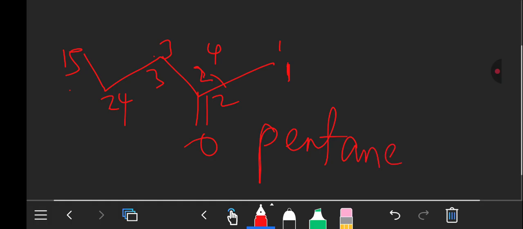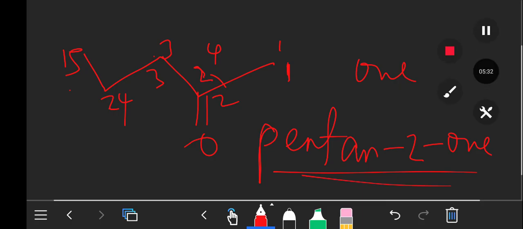But with pentane, we are going to remove the E, just like we were doing with aldehyde, and replace it with "one". The suffix is "one", as we said. But because this carbonyl is at position number 2, we need to state the position, 2, then "one". So this is the name of this ketone.